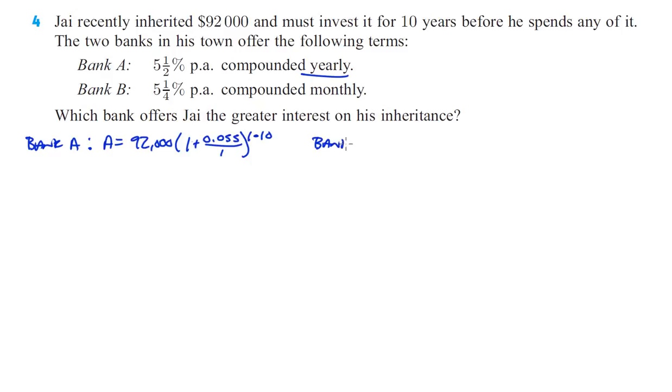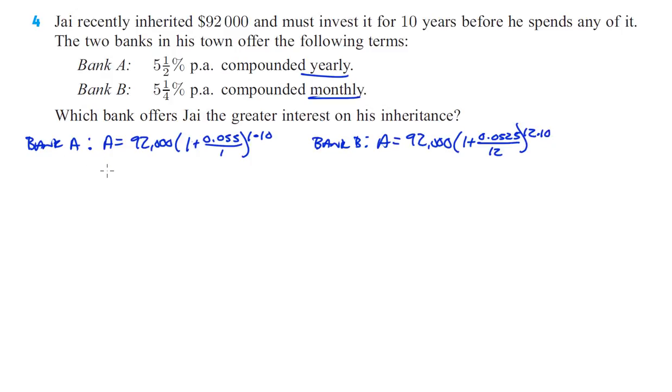Bank B is going to be pretty much the same thing, except these are going to change, and of course a little bit different percent too. So our A is $92,000 for our principal amount, times 1 plus 0.0525, that's 5.25%, divided by compounded monthly, so that's going to be a 12 here and a 12 there, and then the years are going to be 10.